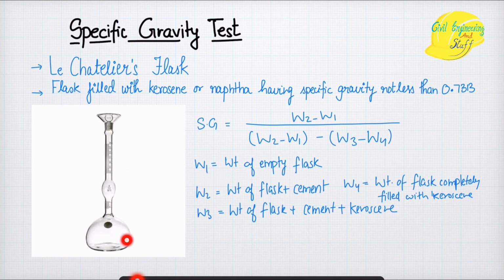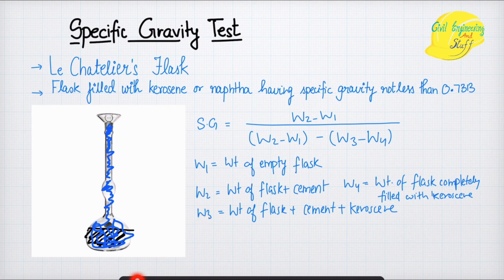So first of all, we take the weight of the empty flask. Then we add a certain quantity of cement in the flask and weigh it. After this, we fill it with kerosene with the cement in it, and we again weigh it, and this is W3.